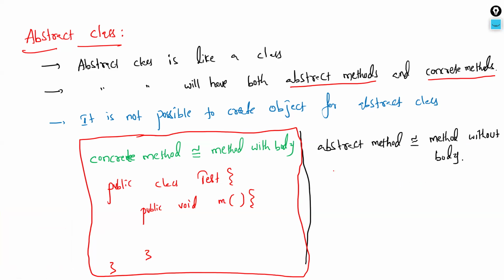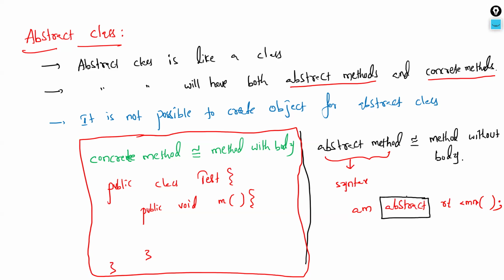The syntax of this abstract method is access modifier, space, abstract, space, return type, space, method name of programmer's choice, then parentheses and parameters, data type, variable name, data type, variable name. That story is the same, but the method has to end with a semicolon. That is the syntax of an abstract method. For a normal method, if you give a semicolon, the compiler will give an error.